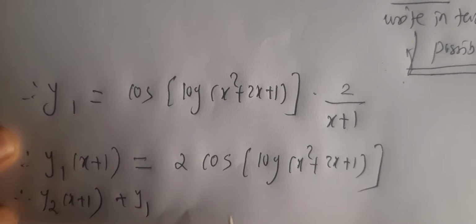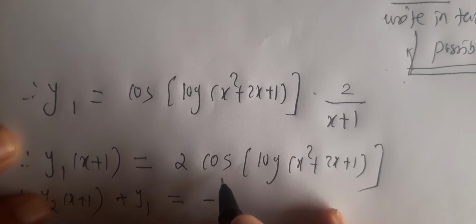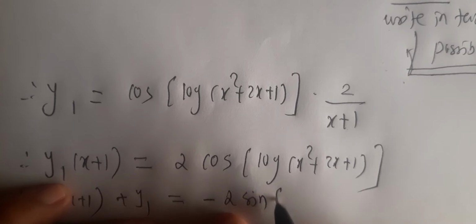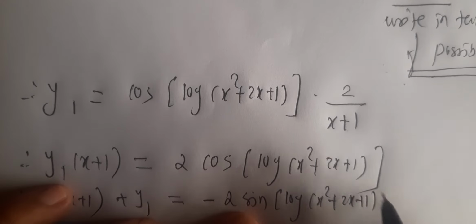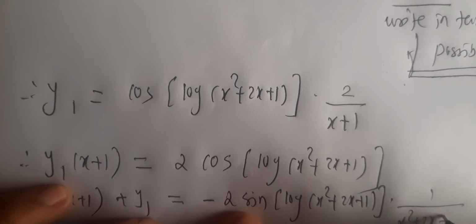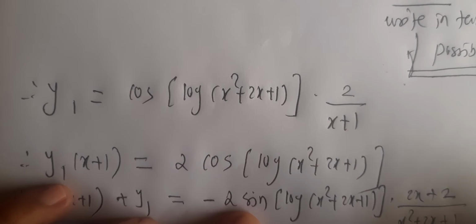This derivative is 1, equal to derivative of cos is minus sine. So we have minus 2 sine log of x square plus 2x plus 1 into, again, 1 upon x square plus 2x plus 1 into 2x plus 2.